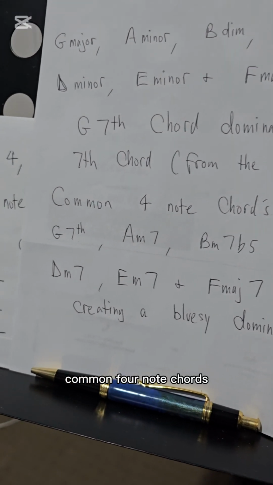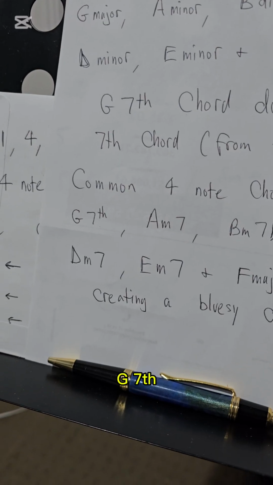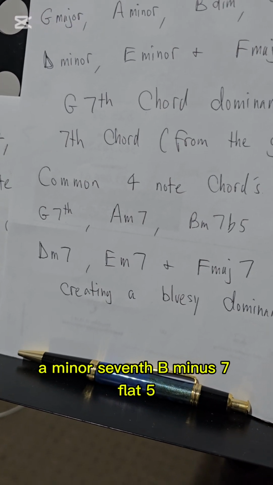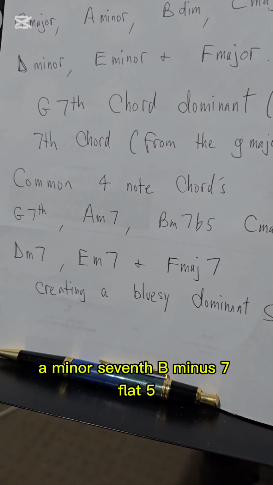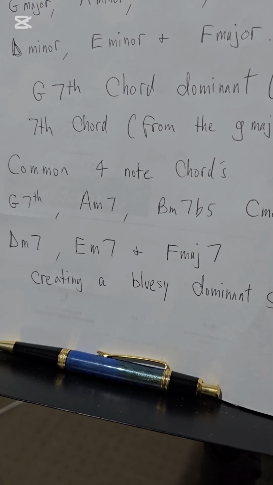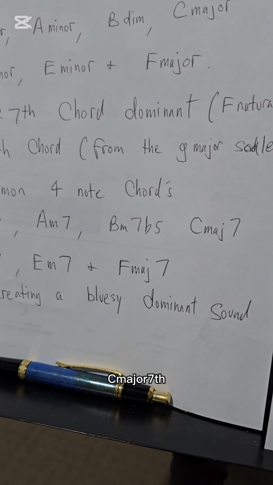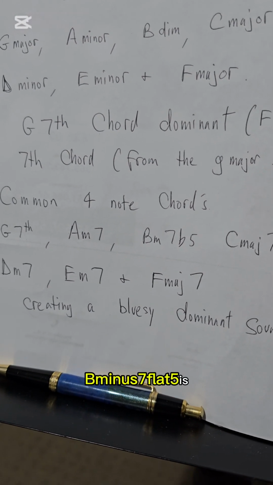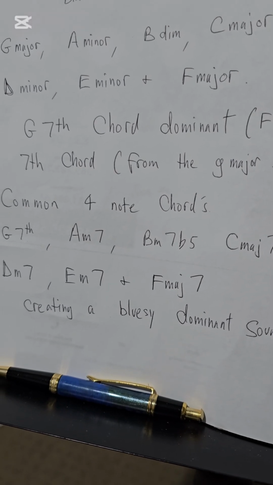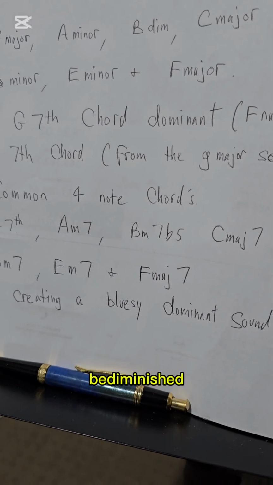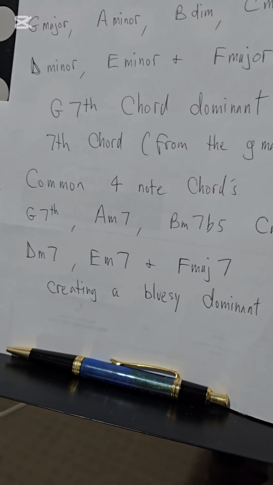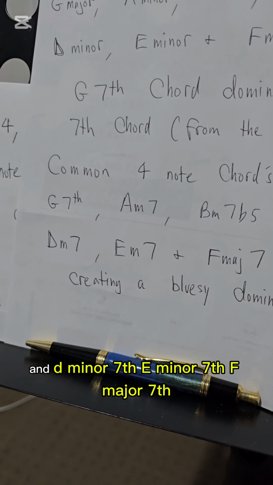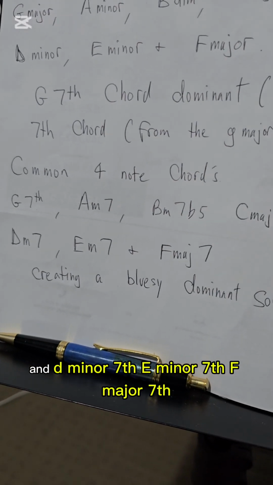Common 4-note chords: G seventh, A minor seventh, B minor 7 flat 5, C major seventh. I think B minor 7 flat 5 is the same as B diminished. D minor seventh, E minor seventh, F major seventh.